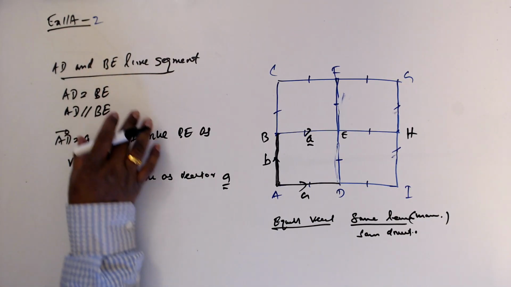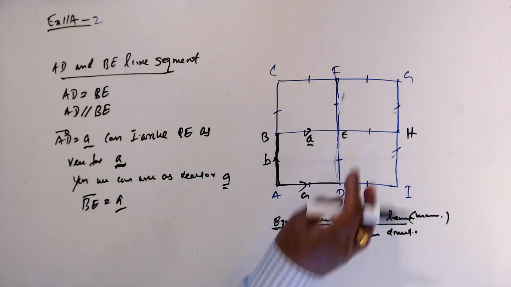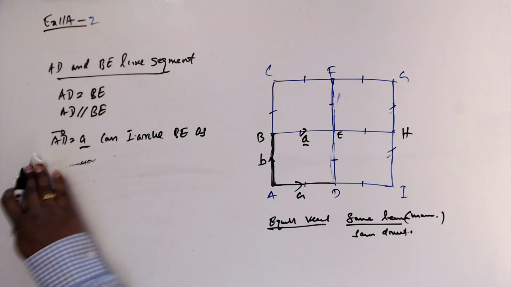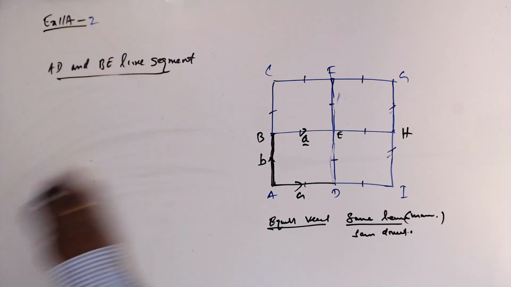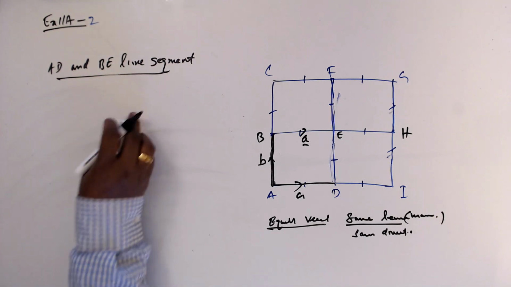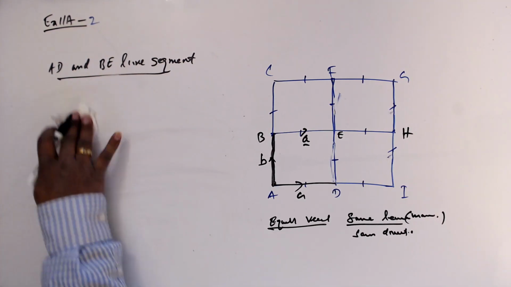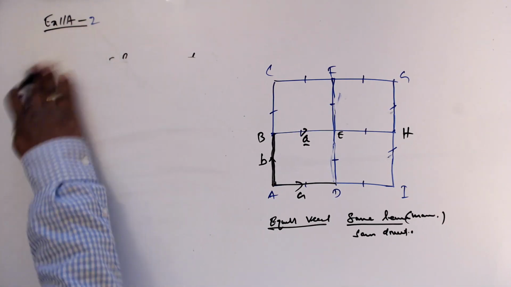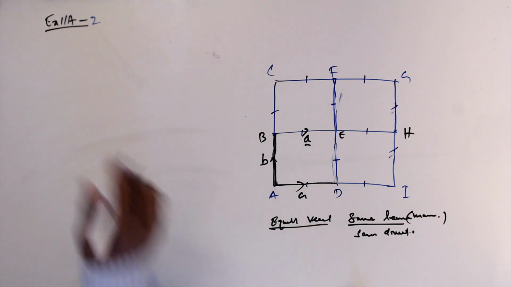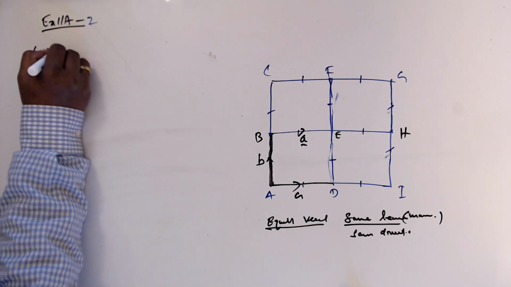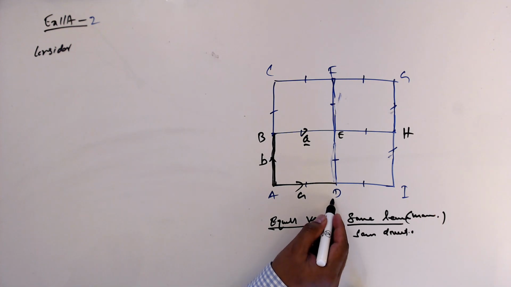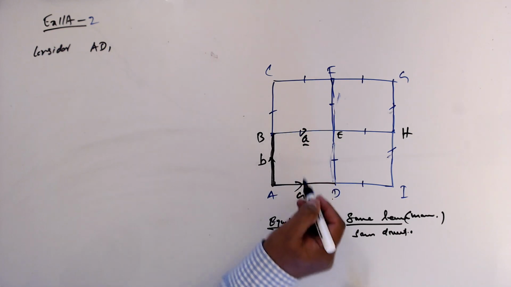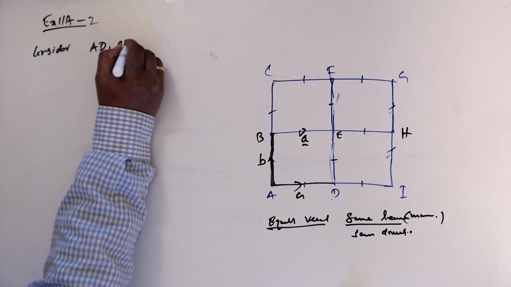Now I have to write this whole setup for each and every one. Instead of doing it one by one, I'm going to write everything in one step. So consider the AD and BE line segments.